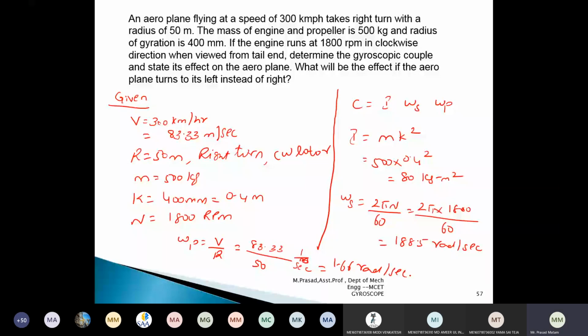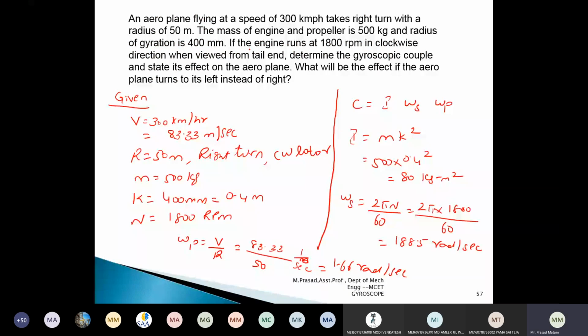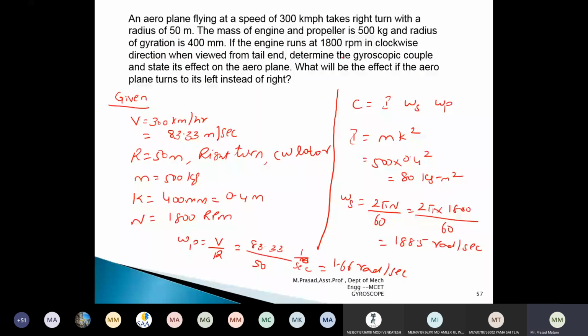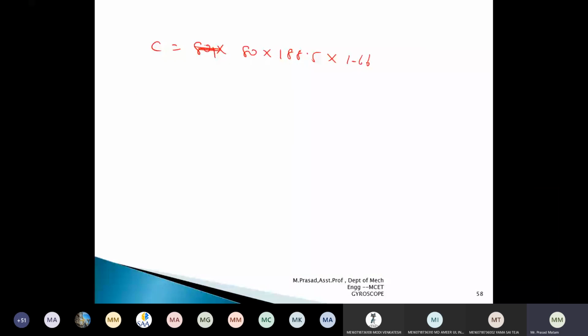Now let us substitute all the values in the gyroscopic couple equation. What is the couple I am getting? C equals I, which is 80, times omega s, which is 188.5, times omega p, which is 1.66.